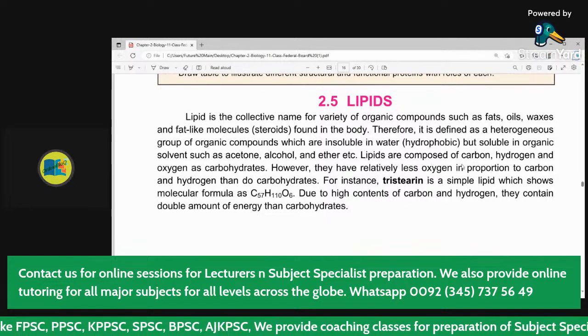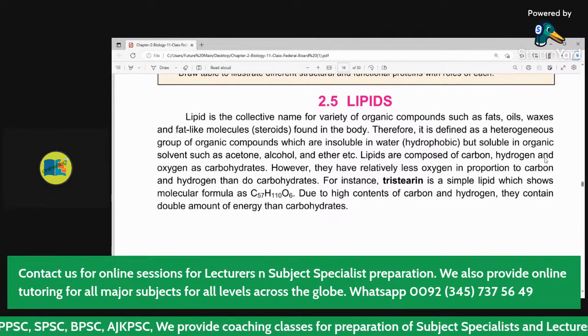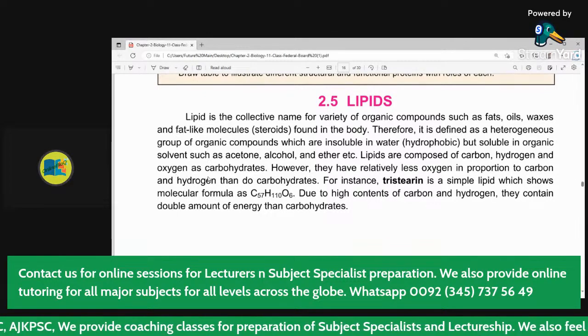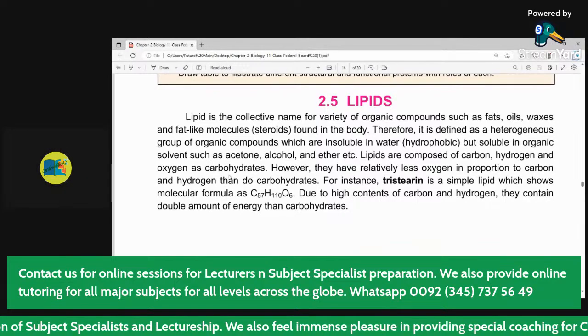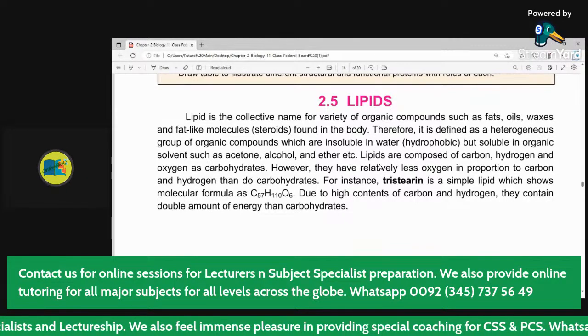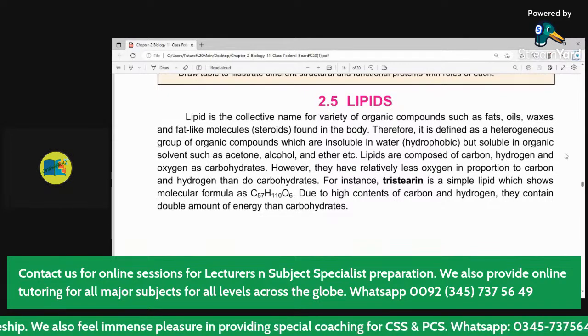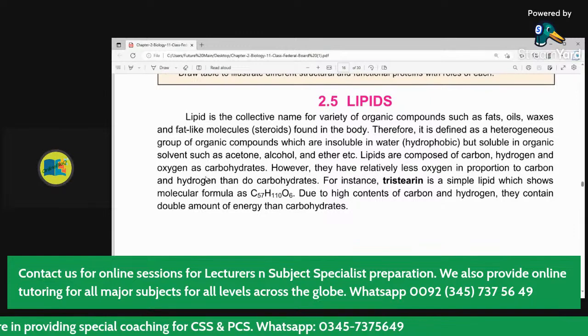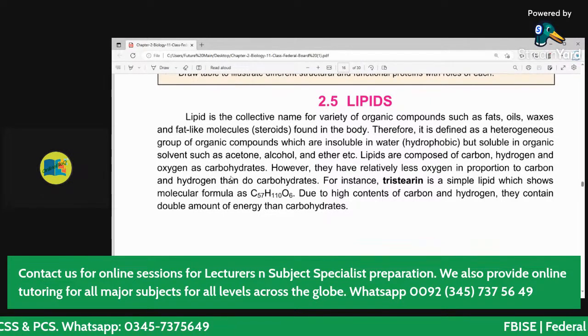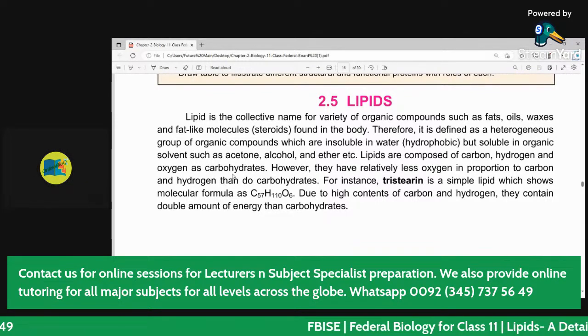Lipids are composed of carbon, hydrogen, and oxygen, like carbohydrates. We studied in previous tutorials that carbohydrates are composed of carbon, hydrogen, and oxygen.